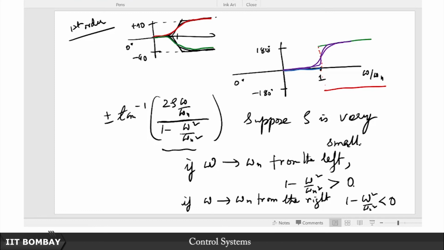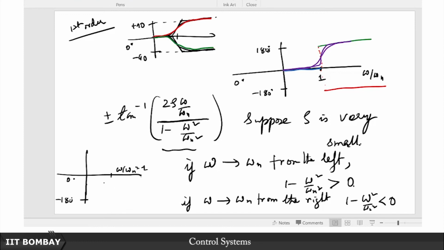So let me draw another figure here, and let me consider only this pole here. So this is the 0 degree line, and this is the minus 180 degree line, and let us say this is omega by omega n is equal to 1 here.